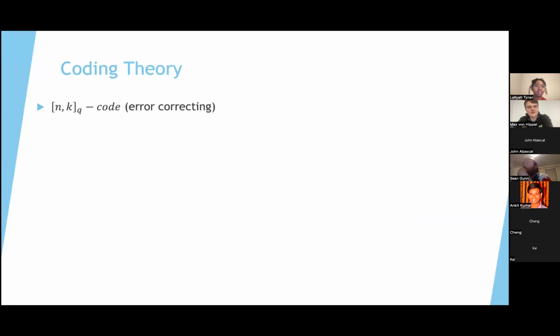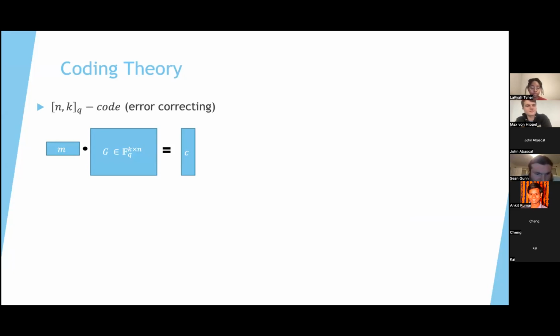Okay, so the first thing from coding theory that we will need is this n, k, q error correcting code, which is defined by this matrix G. If you multiply this matrix G by some message M, we get what's called a code word, and we label that C. If we want to transmit this code word, and some error occurs during transmission, this error correcting code will allow us to recover, up to a certain extent, from any error that has occurred.